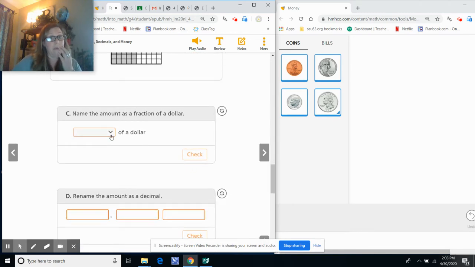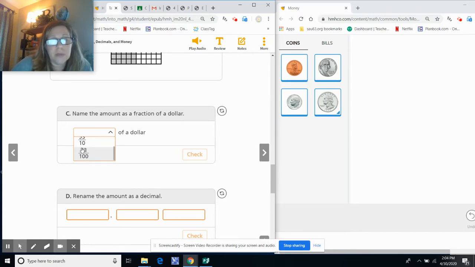All right, so now we're going to name the amount as a fraction of a dollar. So let's look at our choices. It says 53 over 1. That doesn't sound right. 53 over 10. Now, can you have 53 of something out of 10? That doesn't make sense. Let's look at our last choice. 53 out of 100.